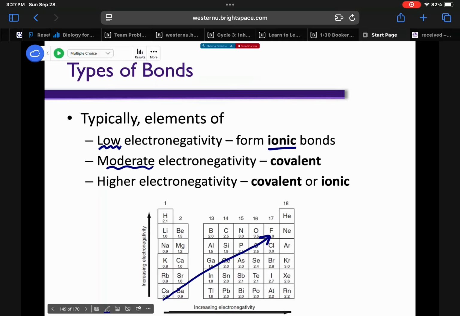And then if we have a higher electronegativity, well, they have a choice. Well, actually, like oxygen too, it could form covalent bonds. It could form ionic bonds, chlorine, bromine, fluorine. It depends on what it's combining with. It depends on the difference in electronegativity between those atoms.